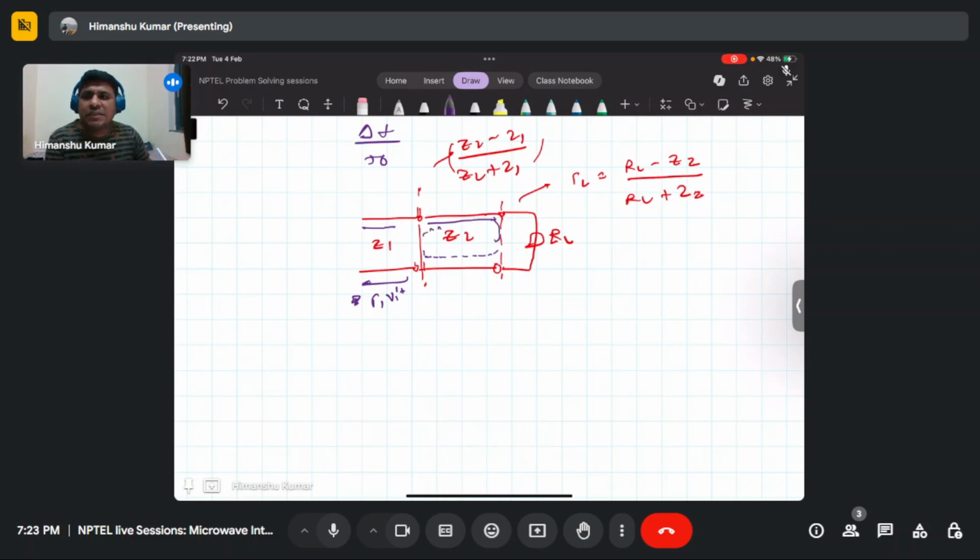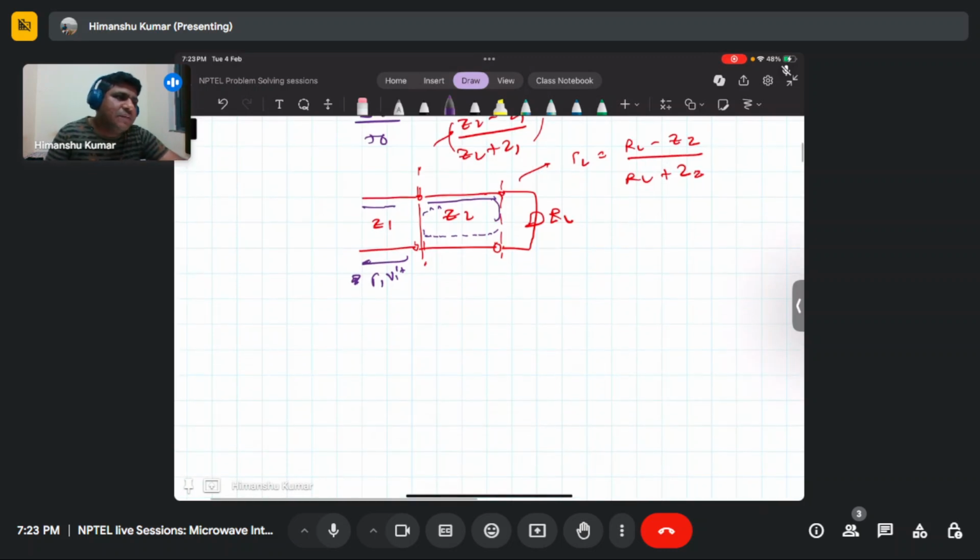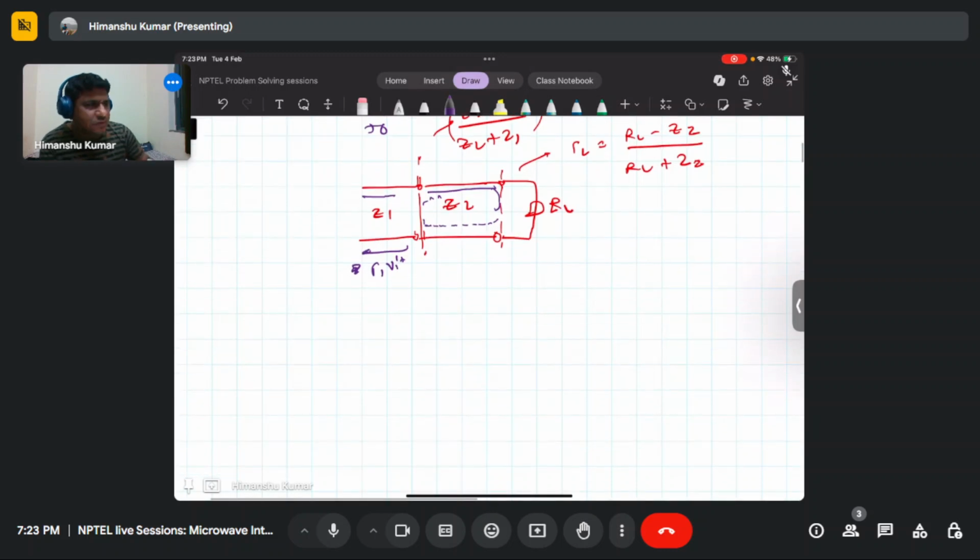If you consider the multiple reflection case, you need to write the total reflection coefficient as a sum of the reflection coefficients of the individual lines.